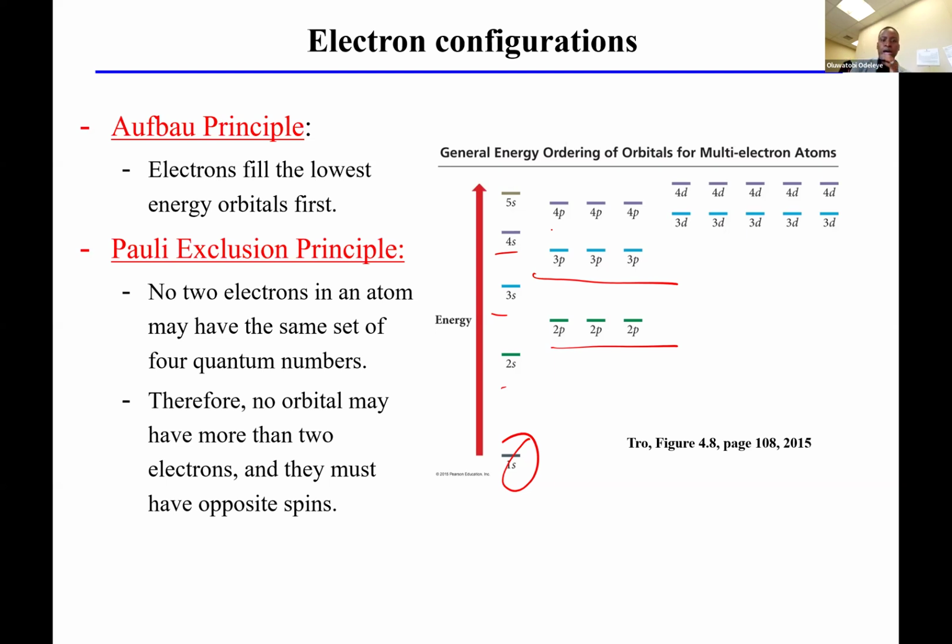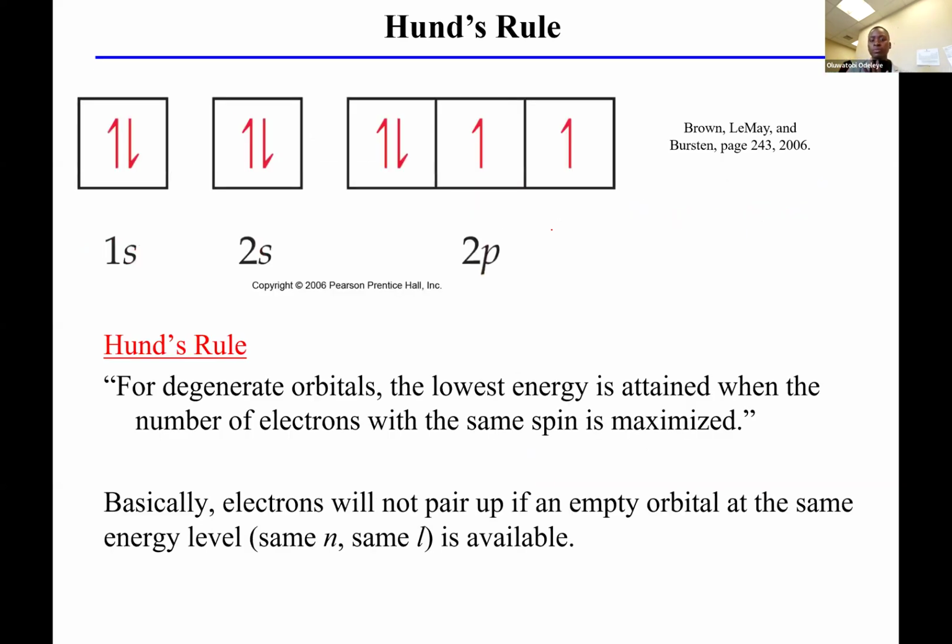Okay. And then finally, Hund's rule. Hund's rule says, essentially, we're not going to pair up electrons until we've filled every single spot in that subshell. So for example, the p orbital has 3 orbitals, right? And if I were putting electrons in, I couldn't do this.